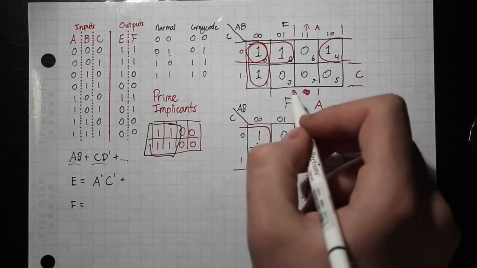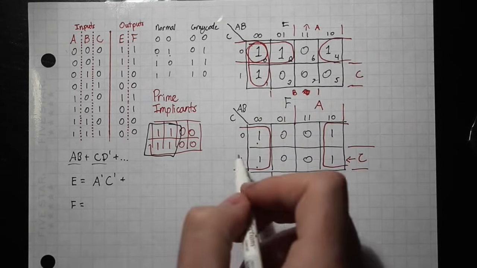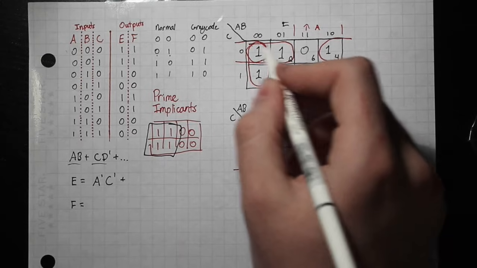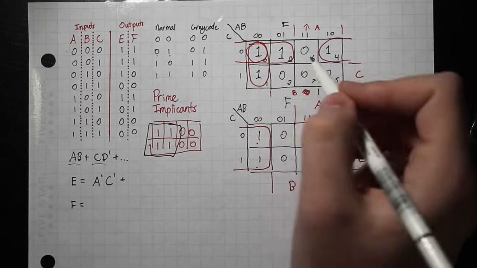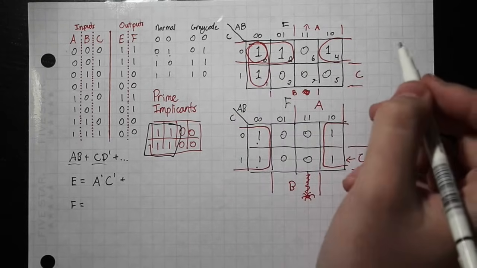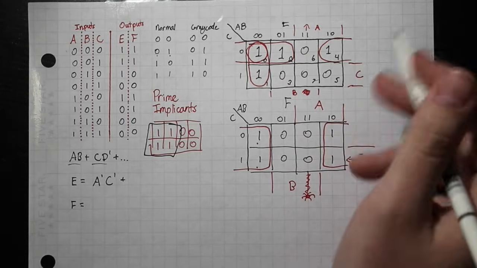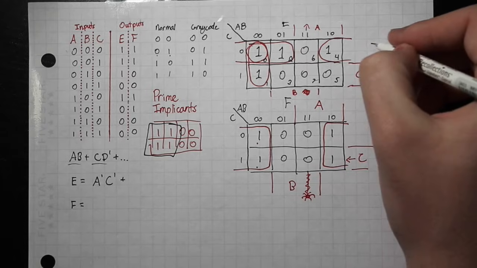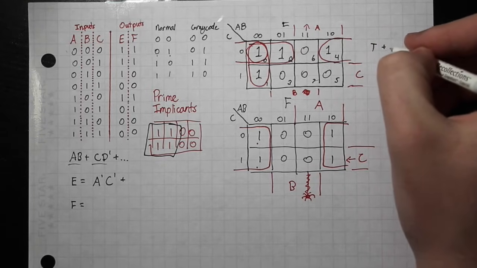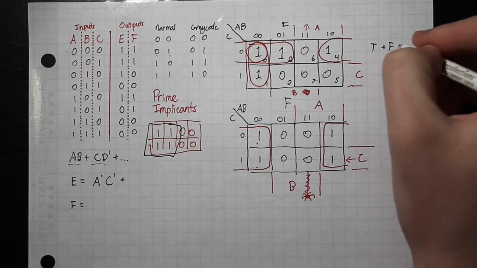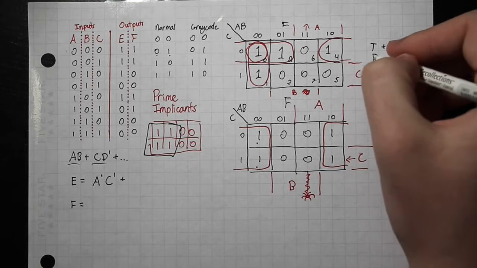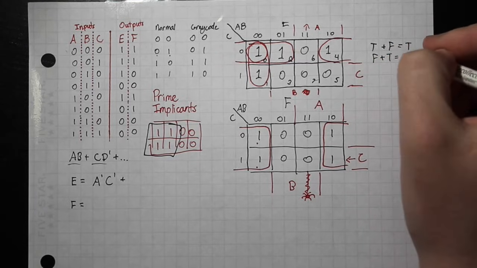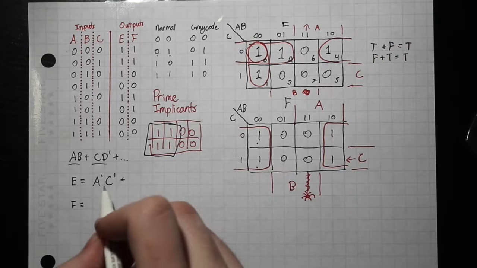So what this means is that we can completely leave B out of our equation, because we have B or B naught, which just cancels to true. Any variable ORed with its inverse is true. So if we say that B is true, that gives us true or false, which equals true. Or we could have false or true, which equals true. So we leave out B.